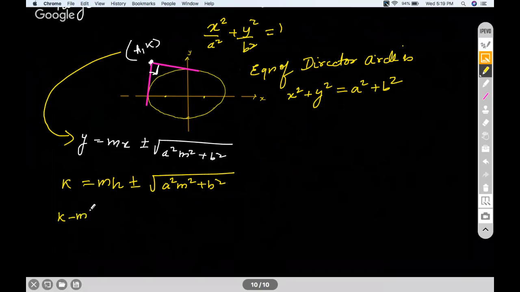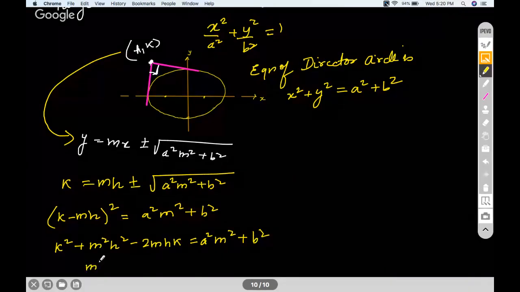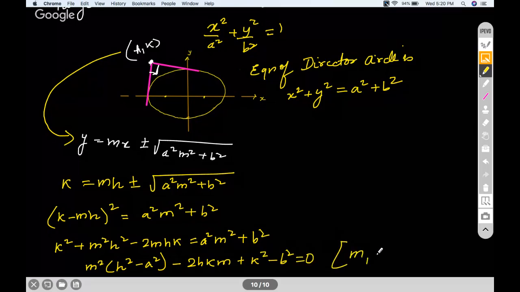That means k minus mh whole square is a square m square plus b square. That is k square plus m square h square minus 2mhk is equal to a square m square plus b square. That means m square times h square minus a square, minus 2hkm, plus k square minus b square equal to 0. Now this quadratic equation has two roots, m1 and m2.